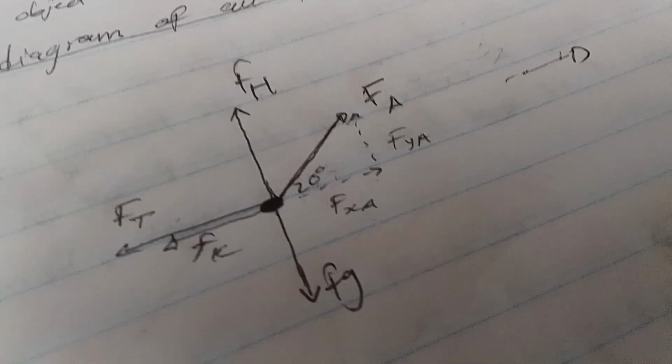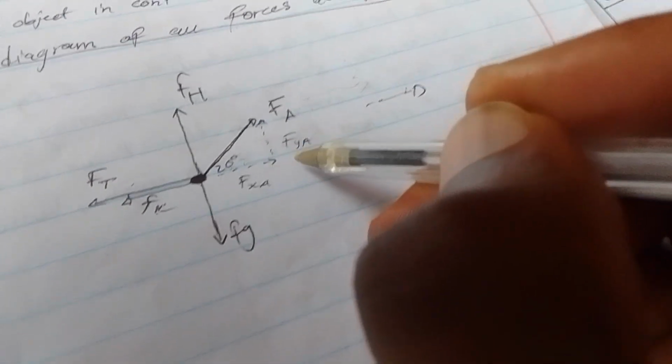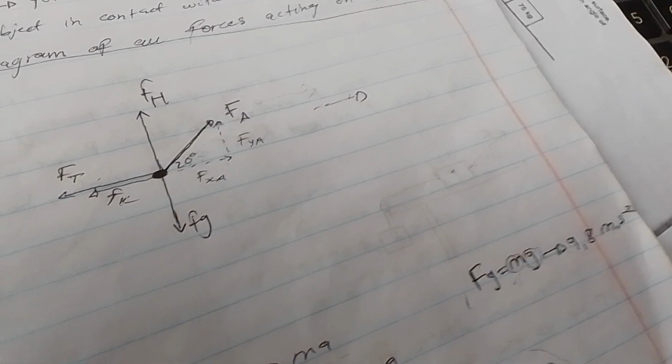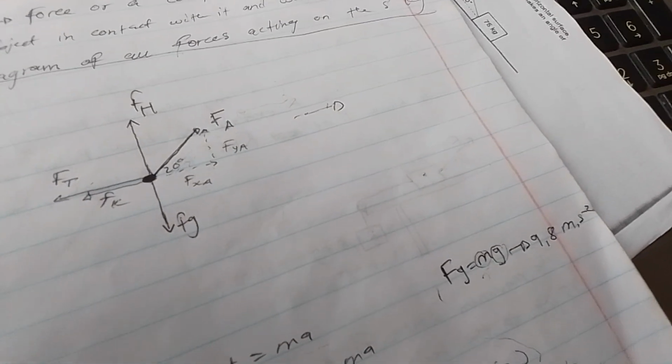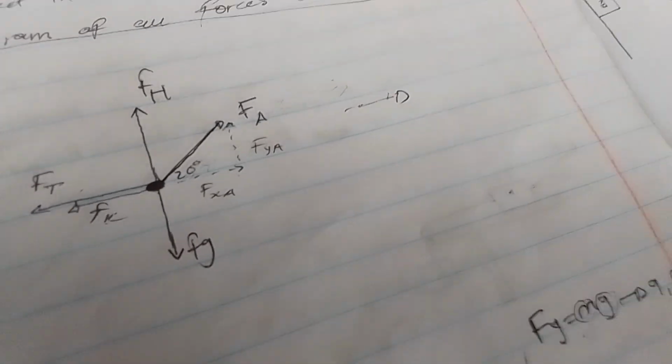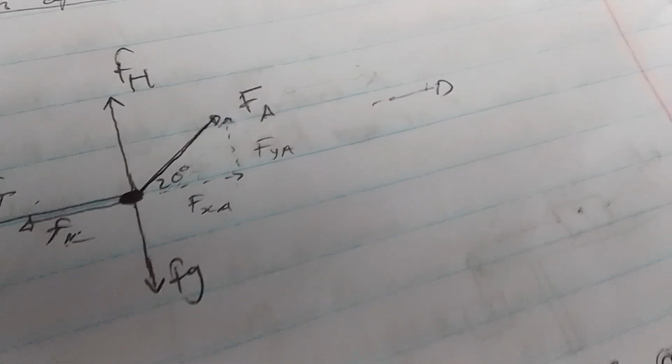So our FA, here's our FA. So the components, we are looking for the X and Y forces that made FA, basically the forces that made FA, but they are acting on our perpendicular or parallel direction.